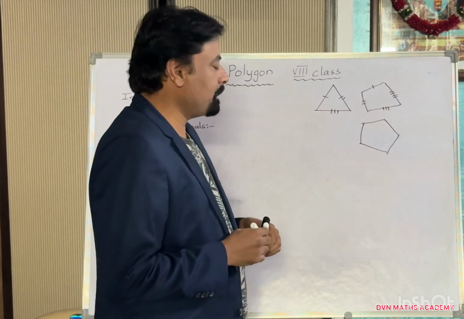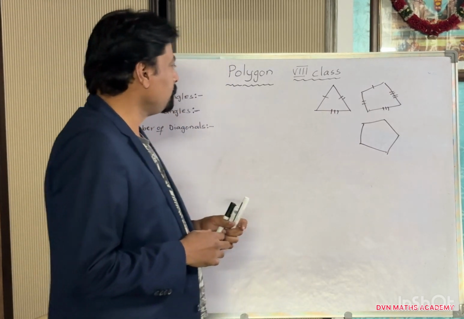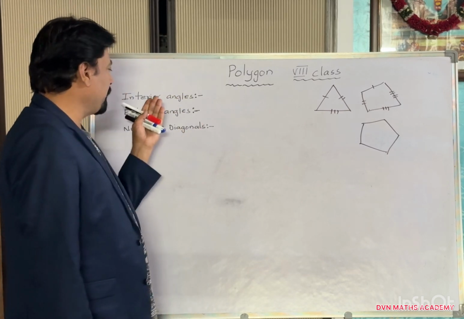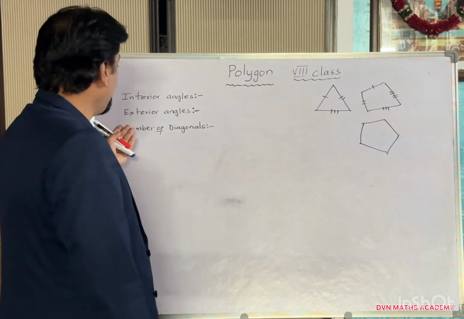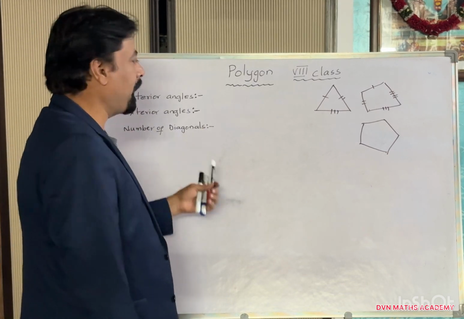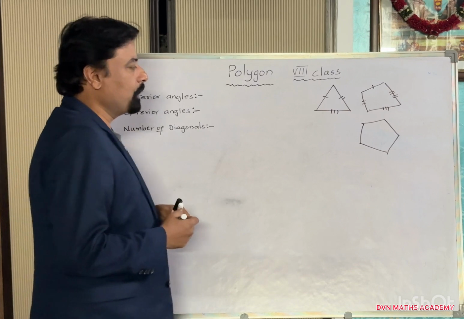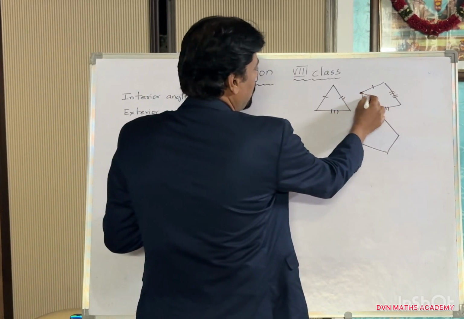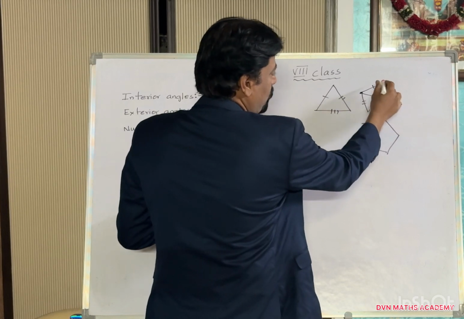But here one interesting topic is what the exterior angles of a polygon are, what the interior angles of a polygon are, and how many diagonals a polygon has. You know the meaning of diagonal. A diagonal is nothing but the joining of opposite vertices. For example, if I join these two, it is called the diagonal of this quadrilateral.